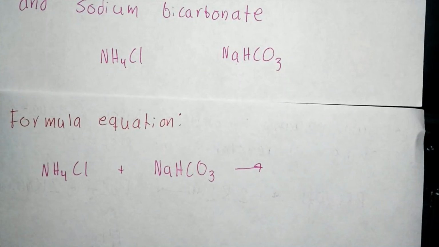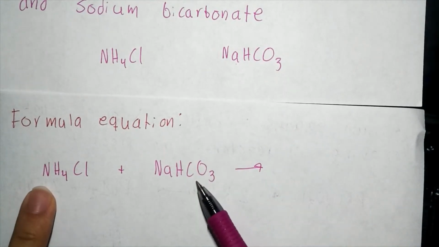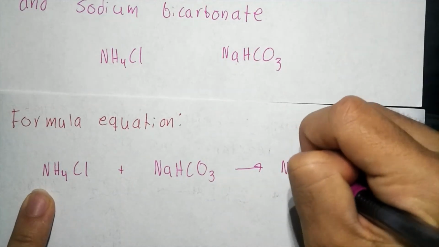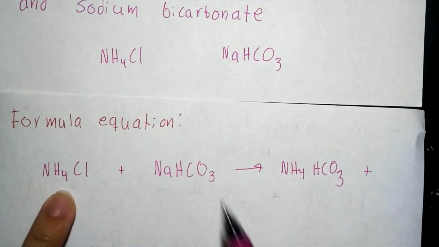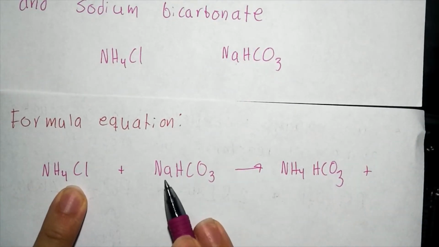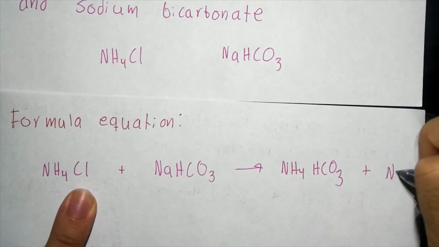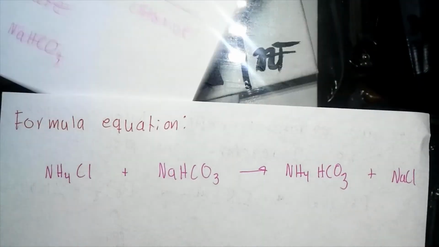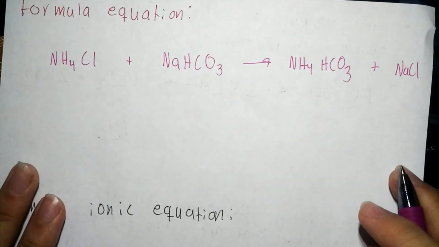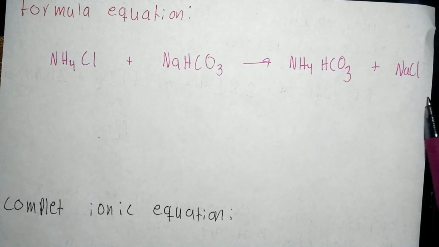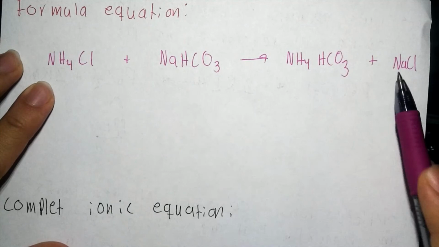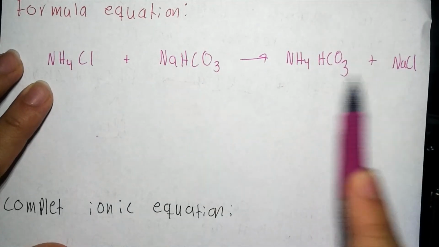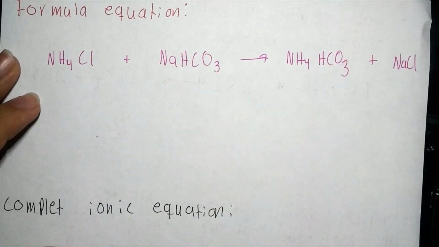And now remember, the outsides are going to react with each other, so you're going to react ammonium and bicarbonate to form NH4HCO3 plus the insides will not react, so you're going to make sodium chloride NaCl. Everything should just have a coefficient of 1, so you have 1 ammonium on each side, 1 chloride on each side, 1 sodium on each side, and 1 bicarbonate on each side. So this is completely balanced.